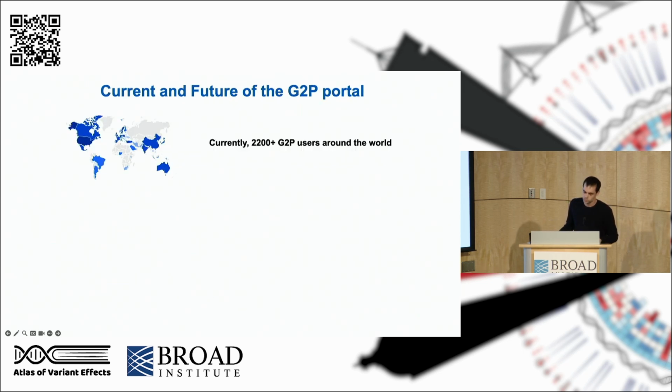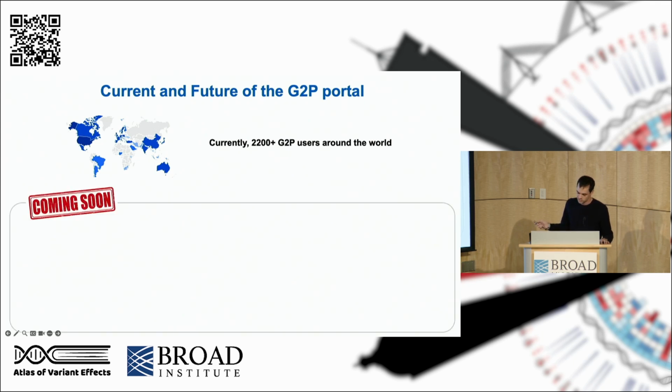Right now, we have somewhere over 2,000 users, and we're working as hard as possible to address any and all issues, so please give us any feedback or any issues, challenges that you're facing, and we're happy to work with you. While the portal has a lot of great functionalities, we have some more capabilities that we're working on to expand the usability.